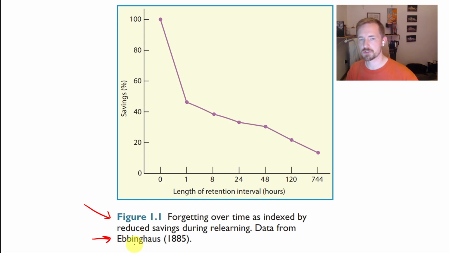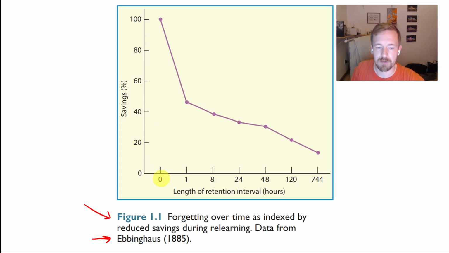But Ebbinghaus is maybe one of the first memory researchers ever, because he applied the scientific method and different experimental design to understand memory. And what you see here in this graph, I think it's safe to say we can call this memory. What are we looking at? We're looking at how much someone remembers about a list depending on when they were tested on it.